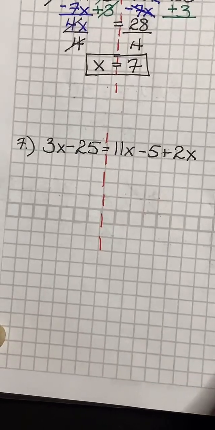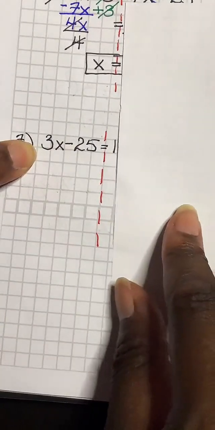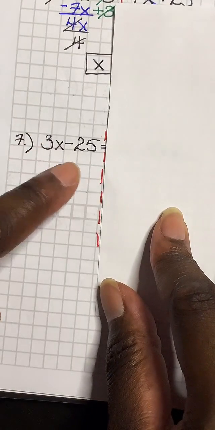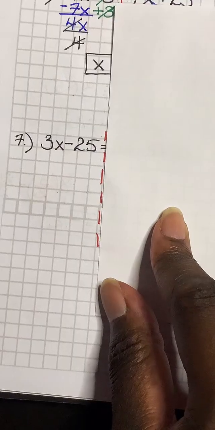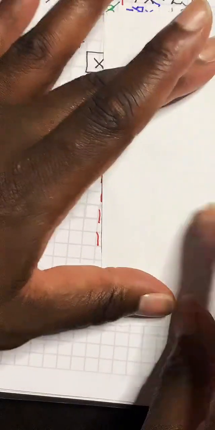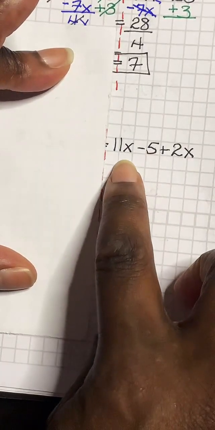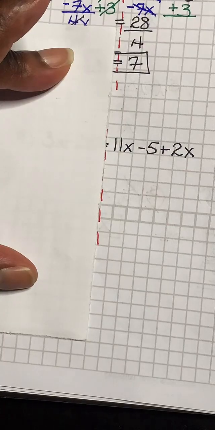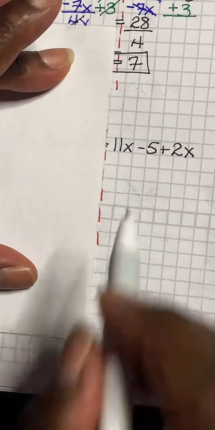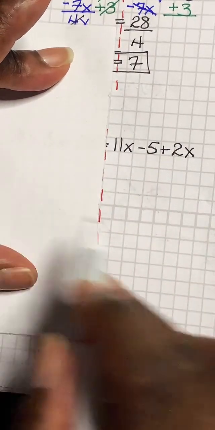Okay, so we're combining like terms. So first off, if I take a look over here, I got 3x minus 25. All right, there's nothing I can combine there. There's no like terms there. But if I come over to the other side, I notice I have 2 x's on that same side. You don't have to subtract the 11 and then subtract the 2x.